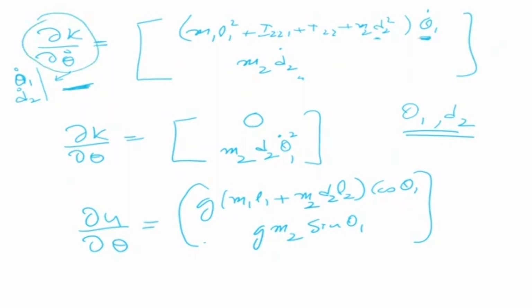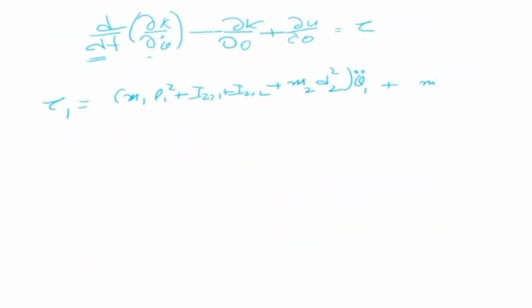So when I'm computing the term d/dt of dk by d theta dot, you'll have to differentiate twice, and what you'll get is the term plus 2 m2 d2 theta 1 dot and d2 dot, plus the other terms that are already there, plus m2 d2 g into cos theta 1. So this term is already here.